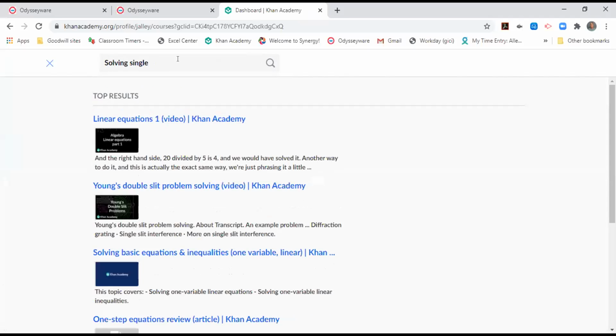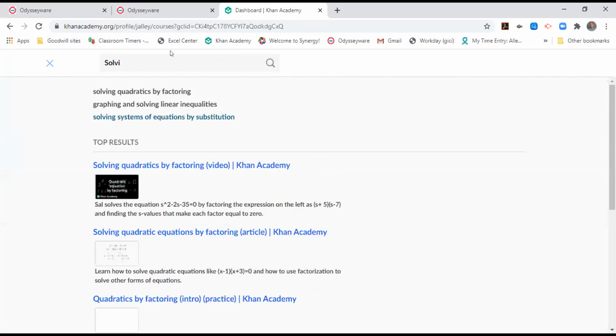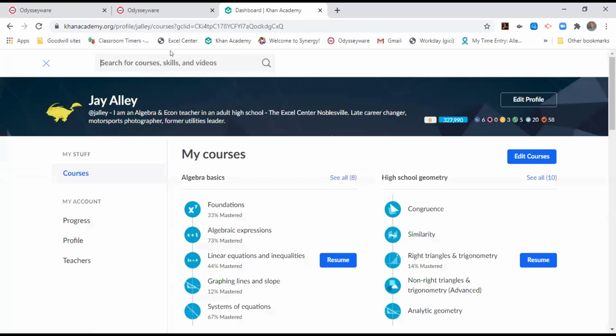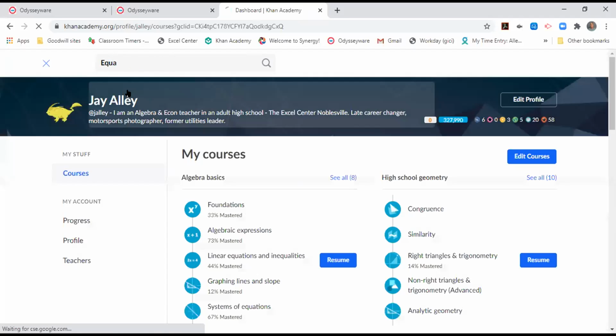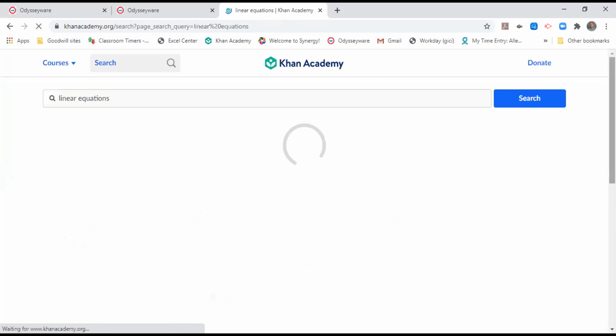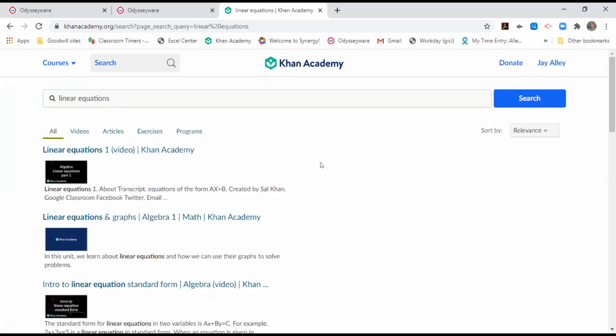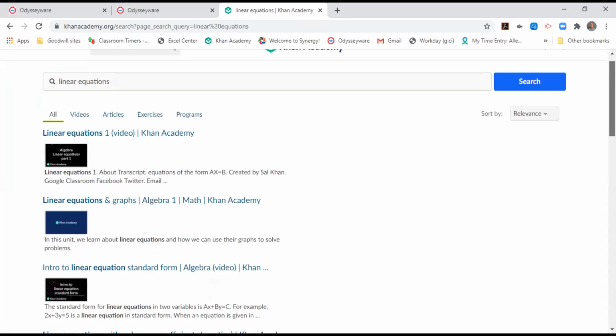Single variable equations, or maybe just equations. And you'll find after a while, okay, here's linear equations.